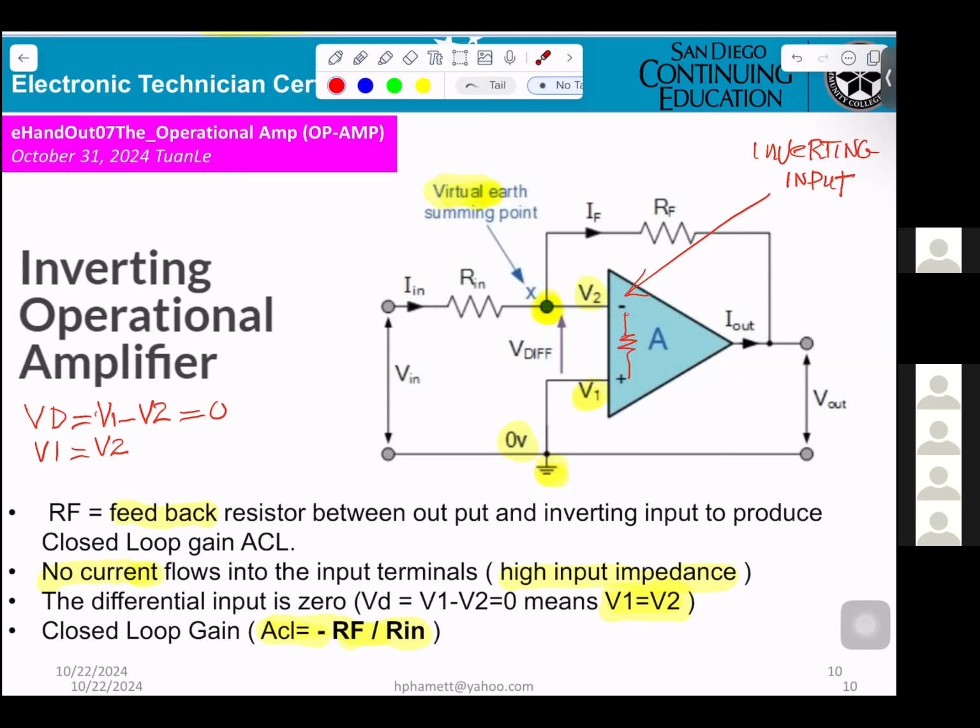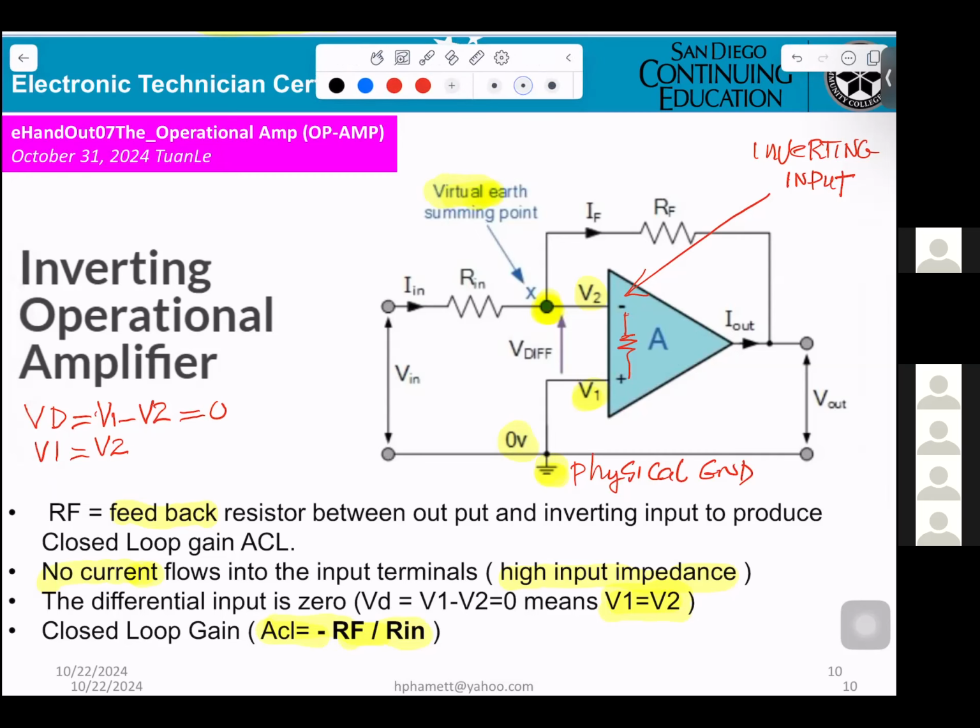Would you call it earth ground? Yeah, but that is very general. You have to say physical ground. Okay, physical ground. Now, what does physical ground mean? That means you have to use a wire.